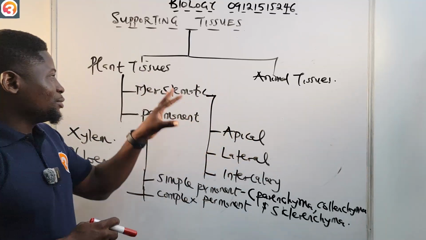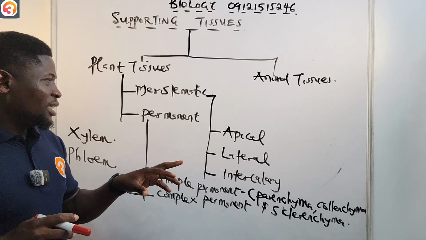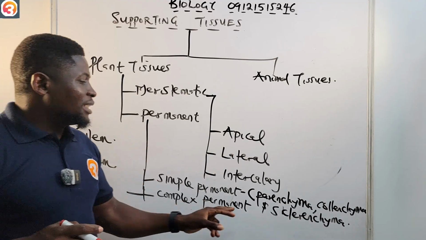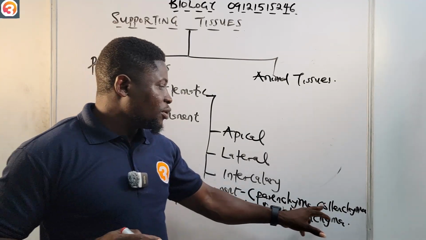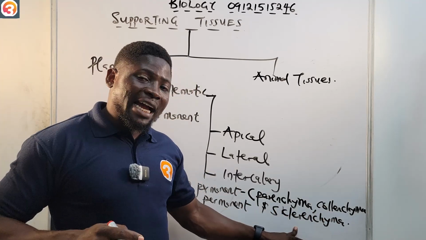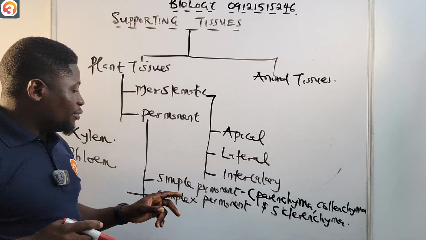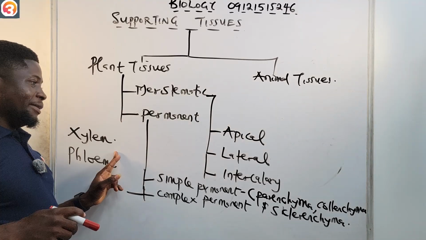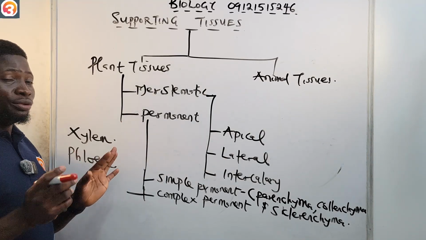Permanent tissues are divided into two. We have the simple permanent tissues, which are the parenchyma, the collenchyma, and the sclerenchyma. And we have two types of complex permanent tissues, the xylem and the phloem, which are not new to you.